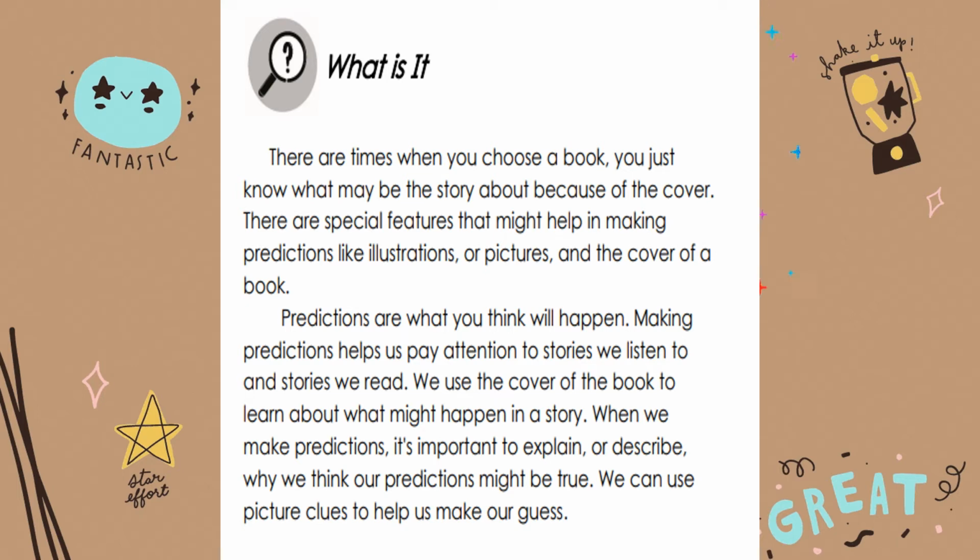Making predictions helps us pay attention to stories we listen to and stories we read. We use the cover of the book to learn about what might happen in a story. When we make predictions, it's important to explain or describe why we think our predictions might be true. We can use picture clues to help us make our guess.